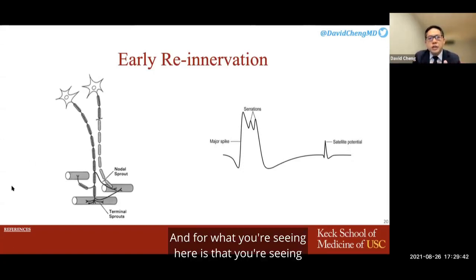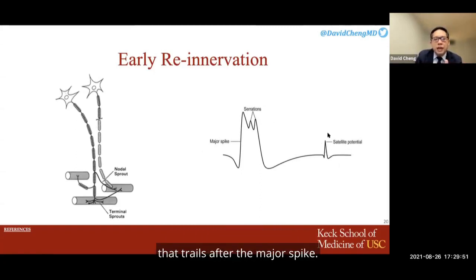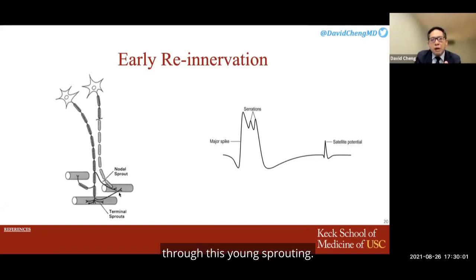What you're seeing here is a major spike that belongs to motor unit A, and then you're seeing the satellite potential that trails after the major spike. Those are essentially all the muscle fibers that are now connected to the healthy motor unit A through this young sprouting.